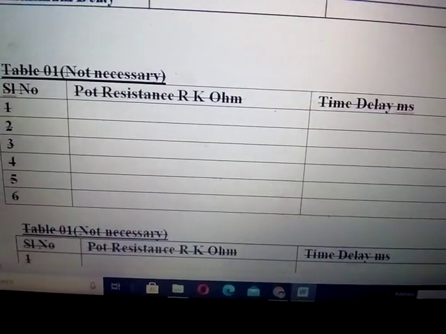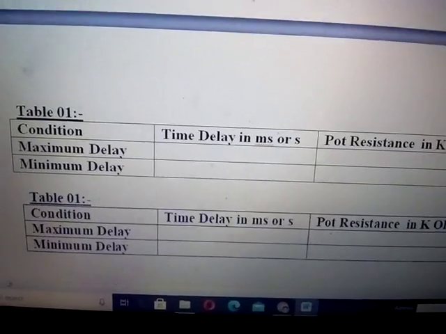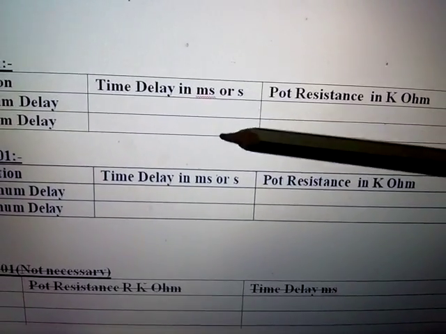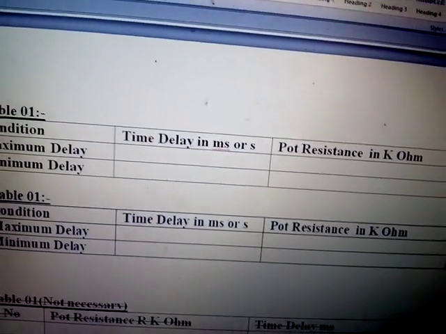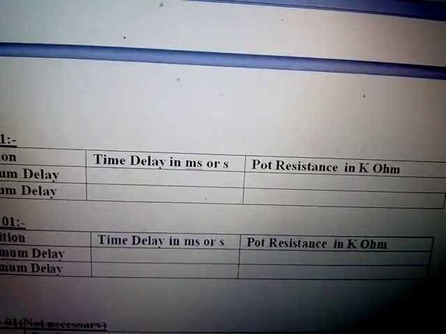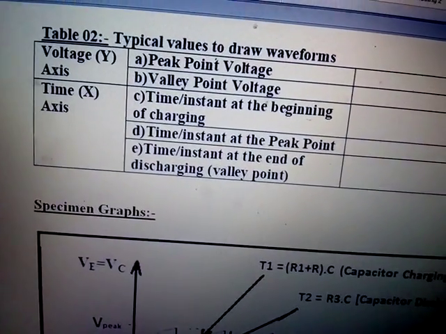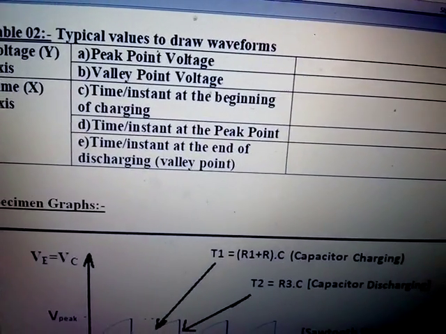Next, when you vary the pot, you can get maximum and minimum delay. Note that within the maximum and minimum delay, the typical delay or typical period should lie.